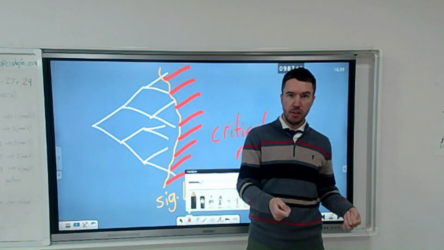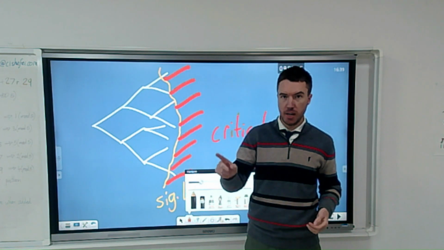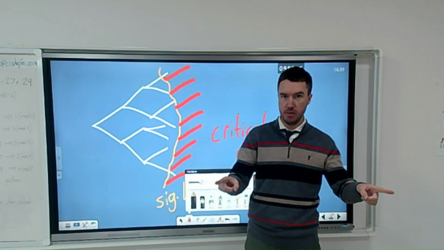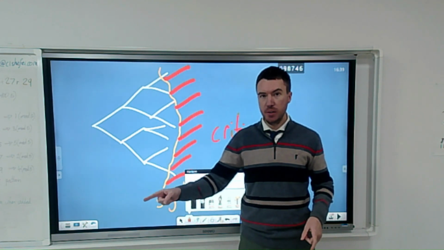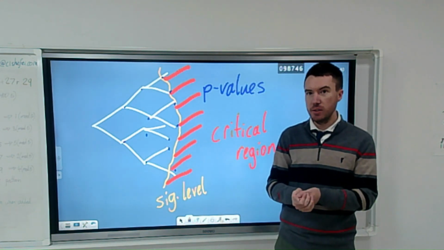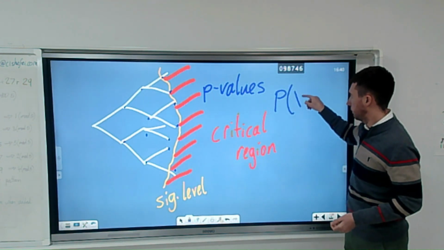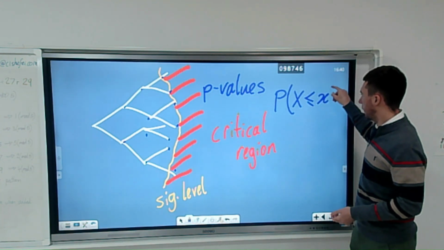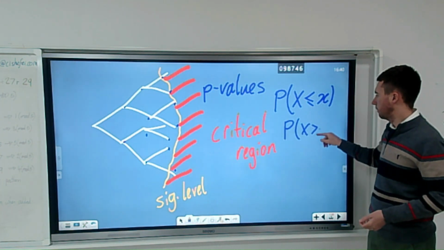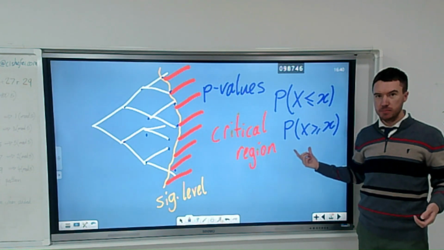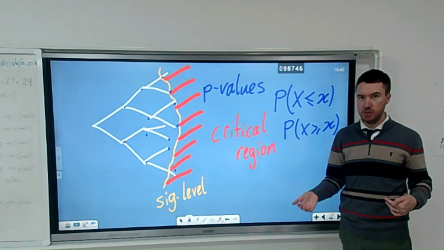The p-value is the probability that that test result happens, assuming the null hypothesis is true, or any more extreme value. This means when we're doing calculations, we'll be finding this, or this, or not equal to.